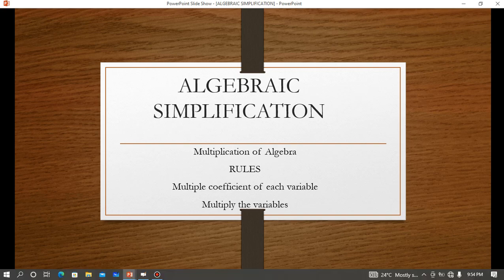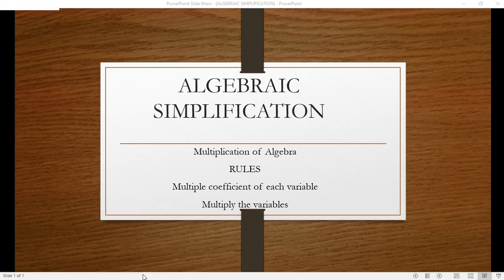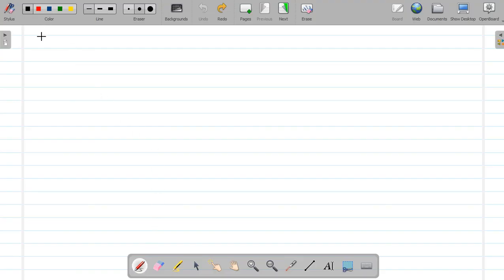Now let us go to our writing board and show some illustration or some examples of what we are talking about. So we are starting from the basics and then we will move on. It's not that advanced, but we will move on.